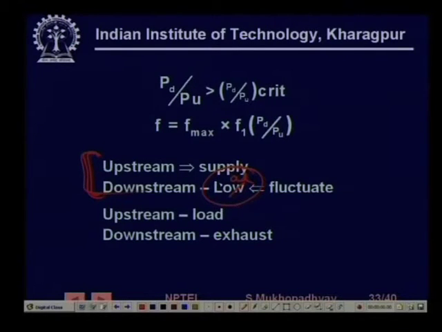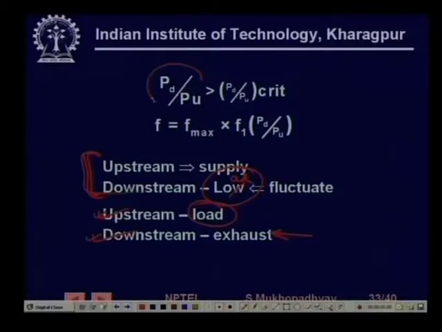It may also happen that the upstream is connected to the load and the downstream is connected to exhaust. In this case, this is constant, but then this may vary. So, again the Pd by Pu relationship will vary. So, in such cases, if you want to have a constant flow characteristic, then you should maintain this Pd by Pu ratio below a critical value. Actually, it should be less than a critical value, not greater than. This greater than is wrong.